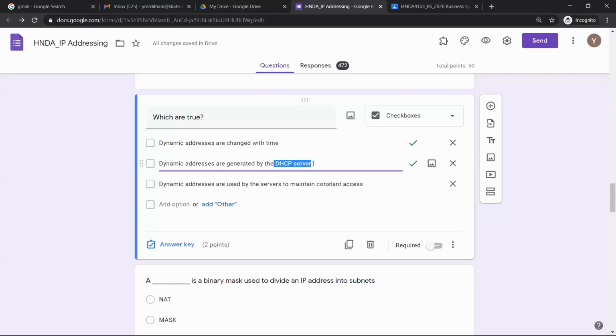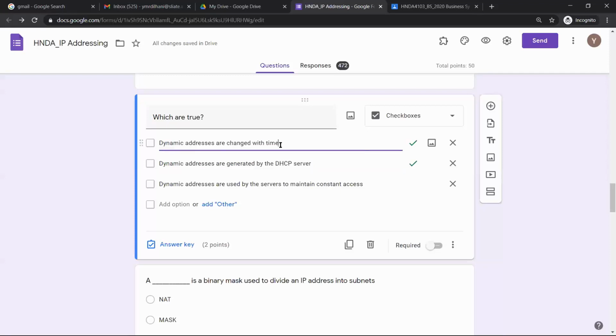If you are not going to give different IP addresses to each and every machine, and you have installed this DHCP server, then when the computers inside your laboratory turn on, this server will automatically assign an IP address to each machine. That is called a dynamic address. So both these are true: dynamic addresses change with time, and dynamic addresses are generated by the DHCP server.